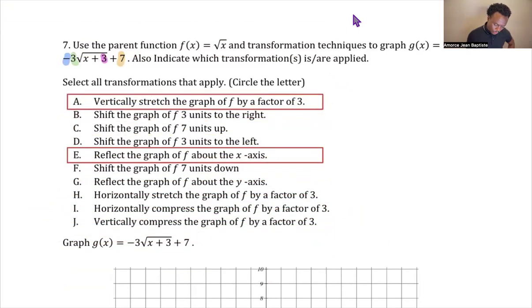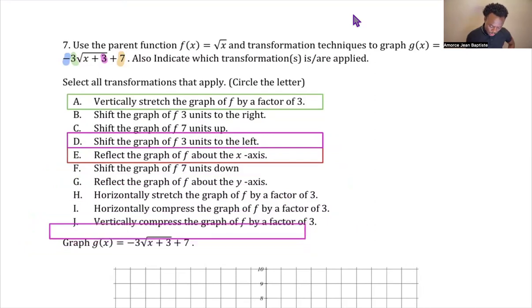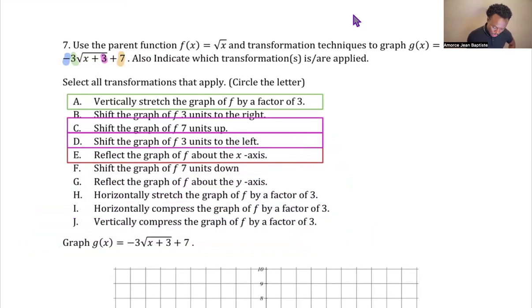We have a shift 3 units left. And we have a shift up 7 units. Okay. Now we're done with this.